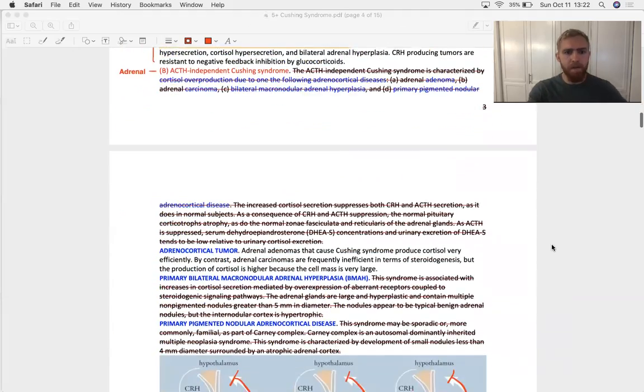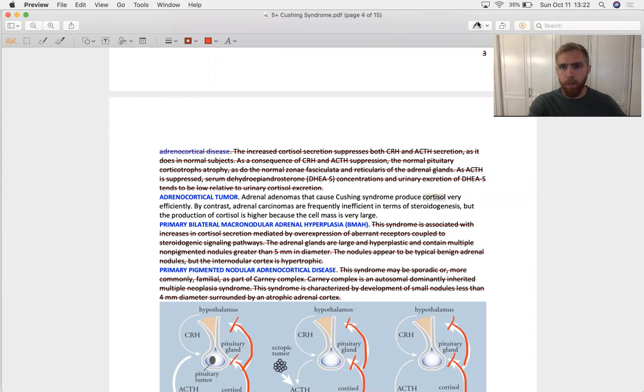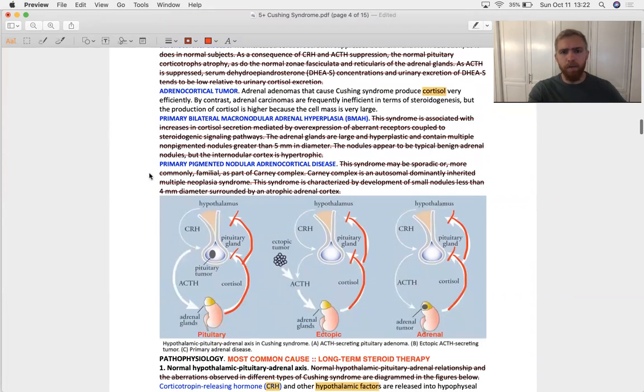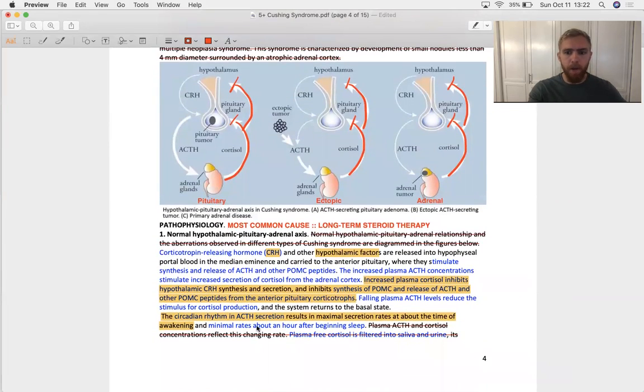And then finally, if you have an adrenal tumor that's producing cortisol on its own without any need for adrenocorticotropic hormone or CRH. And there are a few variants of that that we will get into at the end of this SDL. So good graphic here on page 4, showing you the cortisol hormonal axis, the HPA, hypothalamic, pituitary, adrenal.